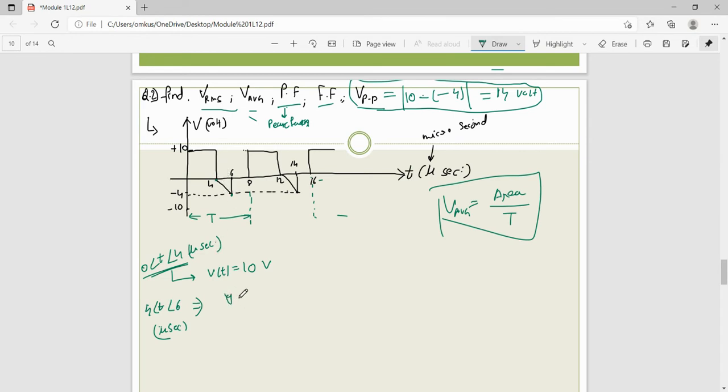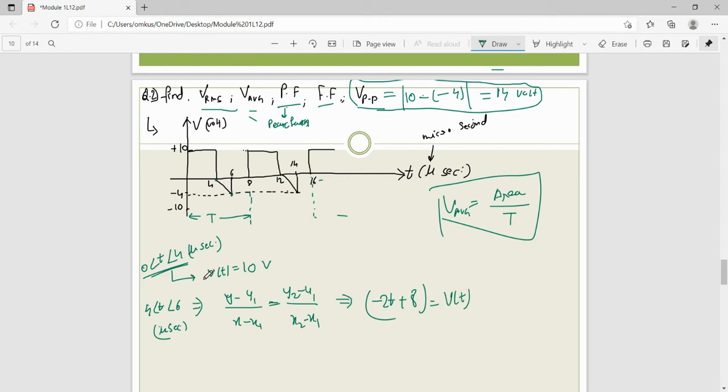So y minus y1 over x minus x1 is equal to y2 minus y1 divided by x2 minus x1. Okay, so putting the values in this expression, you will easily find the equation for this line. When you put the values and solve it, you will get minus 2t plus 8, which is equal to v of t.